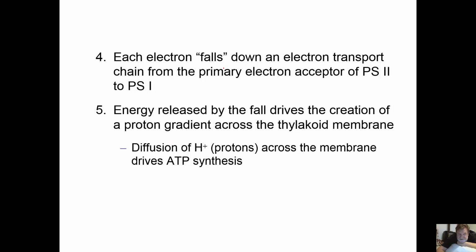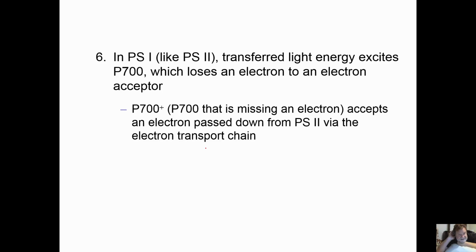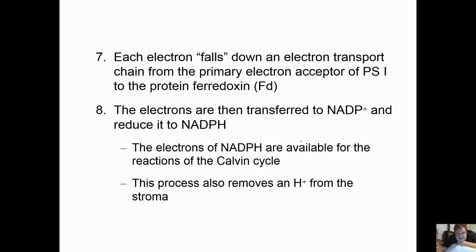Each electron falls down an electron transport chain from the primary electron acceptor of PS2 to PS1, photosystem 1. Energy released by the fall drives the creation of the proton gradient across the thylakoid membrane. Diffusion of hydrogen ions across the membrane drives ATP synthase. In PS1, like PS2, transferred light energy excites P700, which loses an electron to an electron acceptor. The P700+, with this missing electron, accepts an electron passed down from PS2 via the electron transport chain.